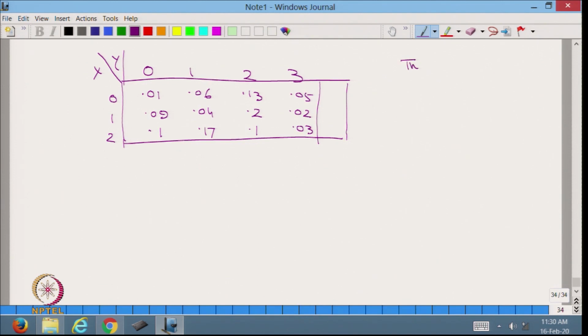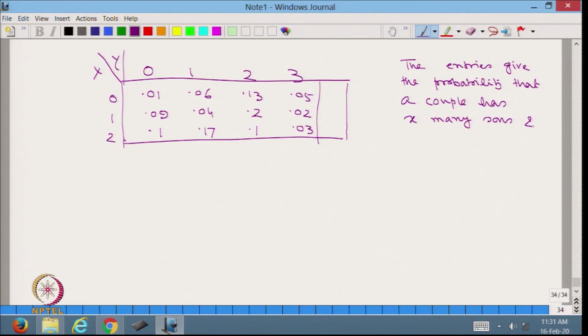The entries give the probability that a couple has x many sons and y many daughters.